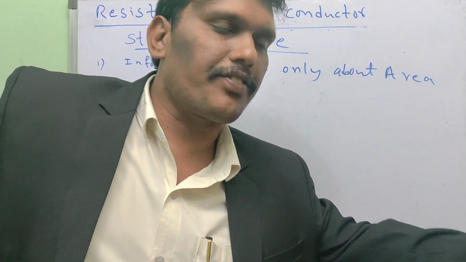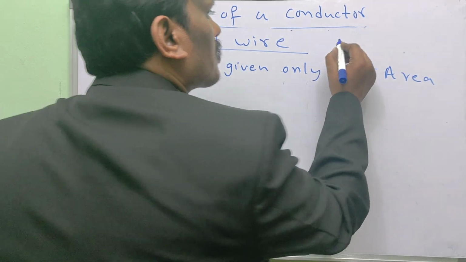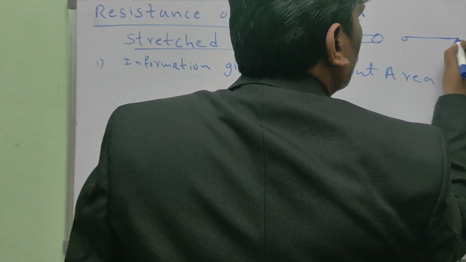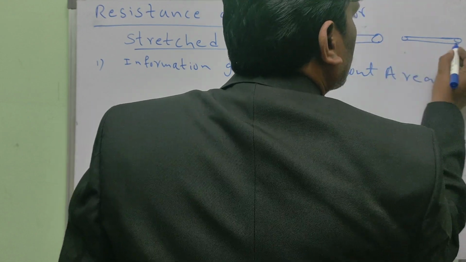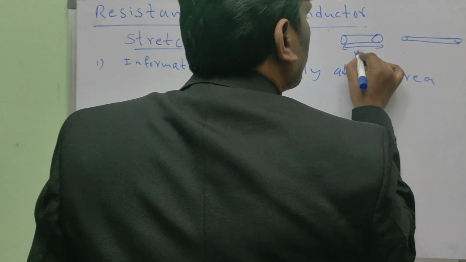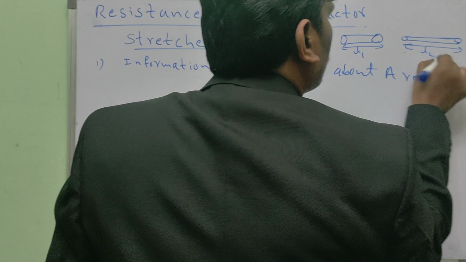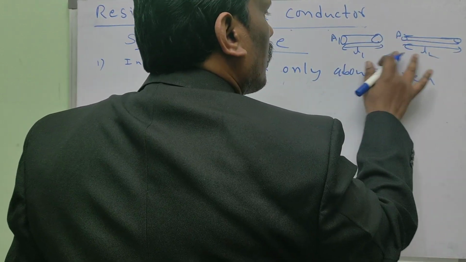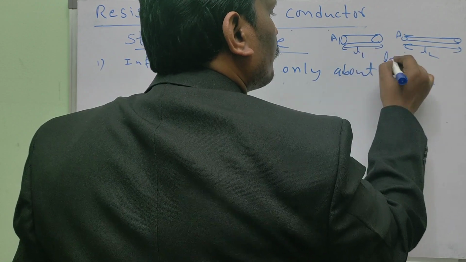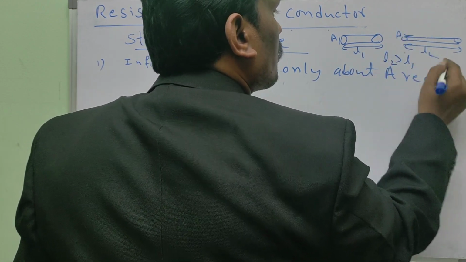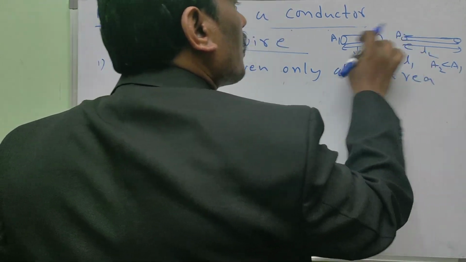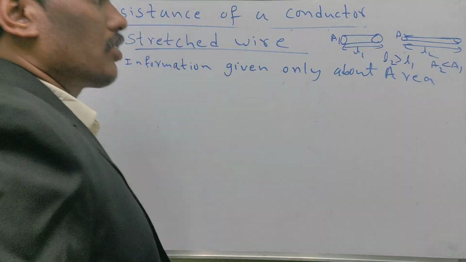If I stretch this wire in this manner, this is L1 and this is L2, this is A1 and this is A2. Clearly L2 is greater than L1 and A2 is less than A1. If length increases, area of cross section obviously decreases.